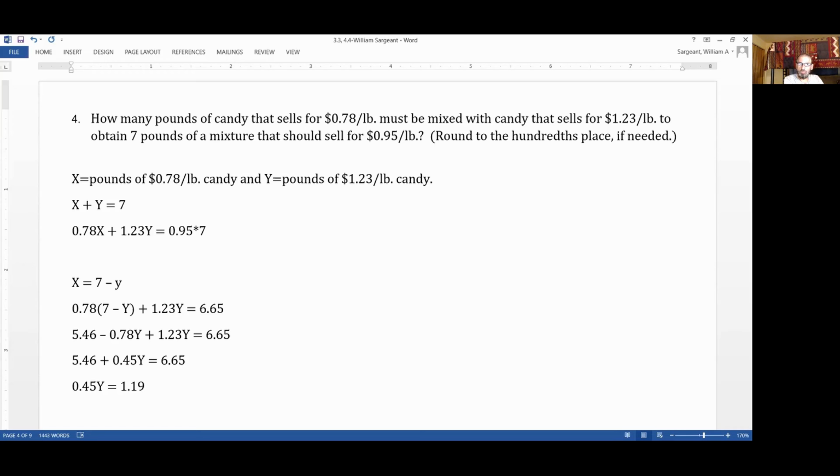Now it says to round to the hundredths place. That's 2 places after the decimal point. I'm getting Y is 2.64, and then there's a bunch of 4s afterwards, but that's going to get rounded to the hundredths place. So 2.64 pounds. That's of the $1.23 candy.